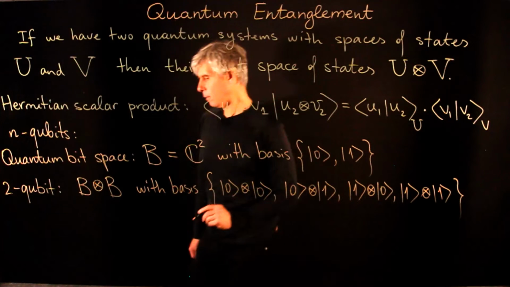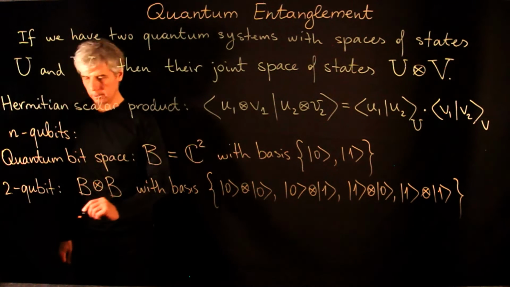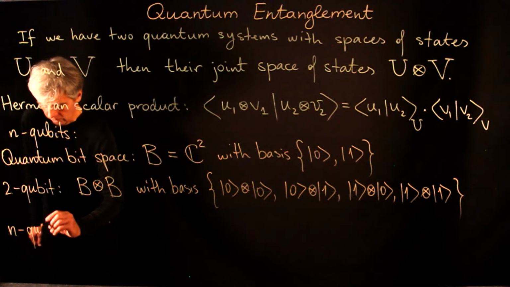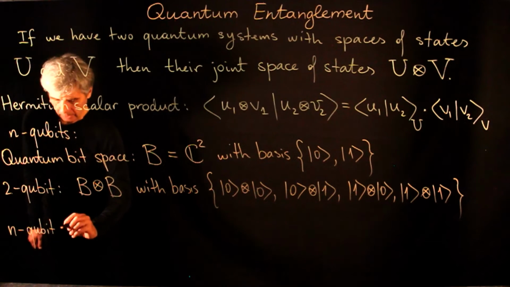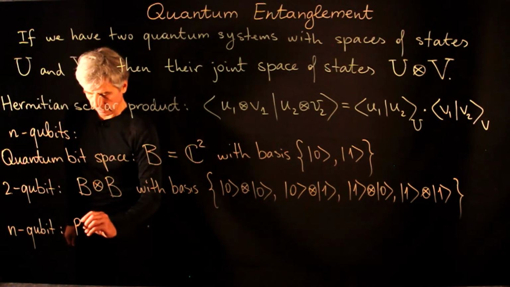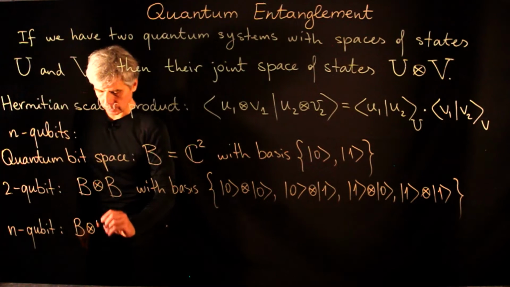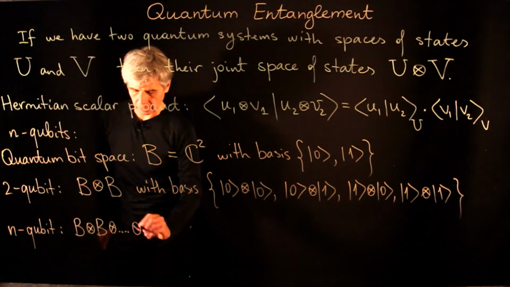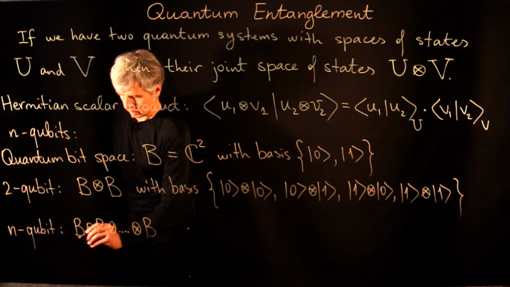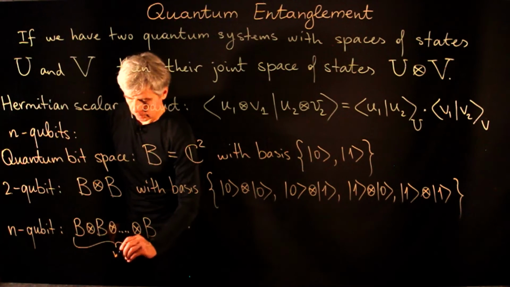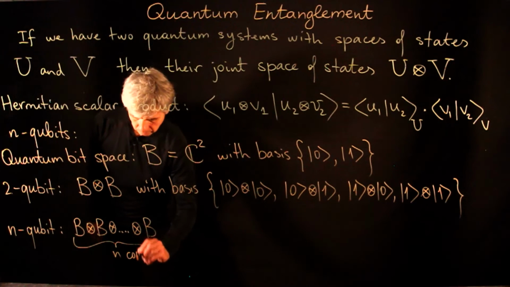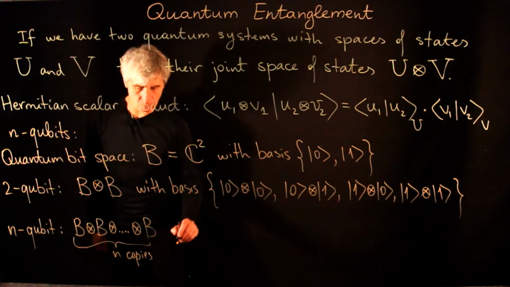Likewise, we can define an n-qubit as an iterated tensor product. We take n copies of the quantum bit space and take the tensor product of these.